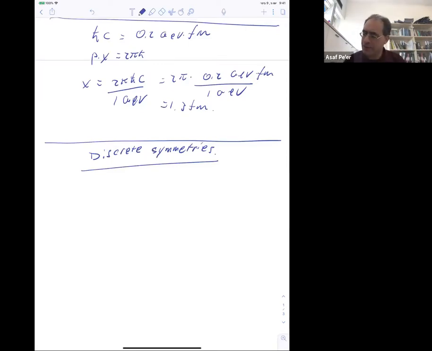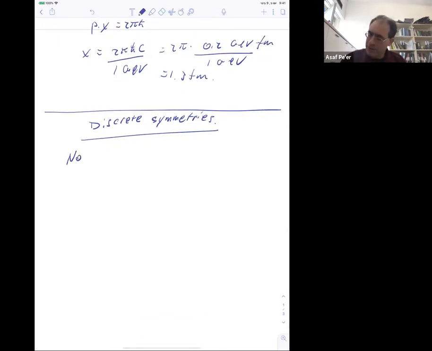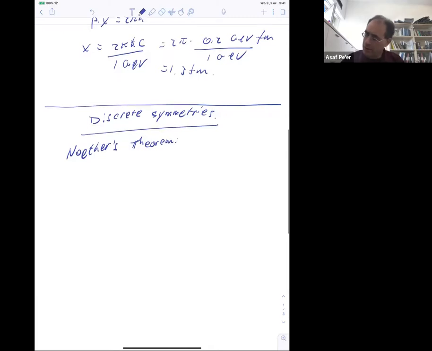I don't know if you've seen that. Noether's is Emmy Noether. Noether's theorem states that with every symmetry, there is an associated conservation law.